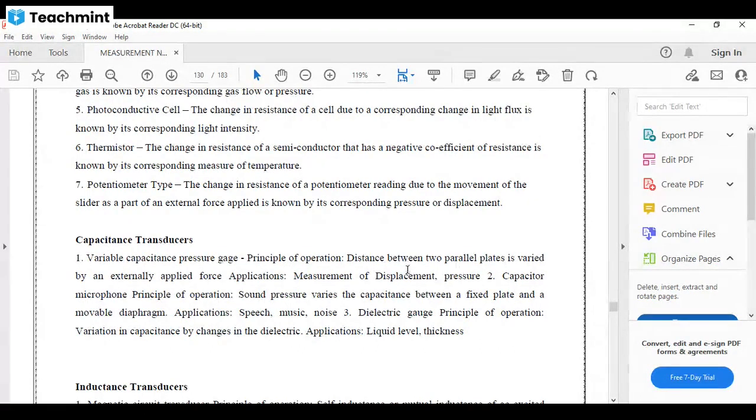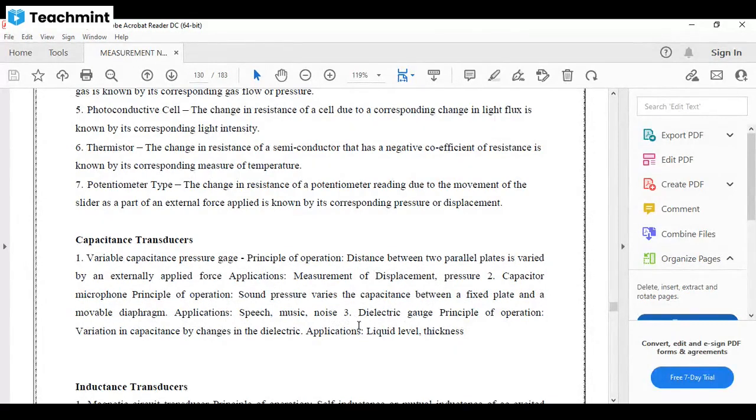Number two, the capacitor microphone. The principle of operation is that sound pressure changes the capacitance between a fixed plate and the movable diaphragm, and the application is speech, music and noise. And the last one is the dielectric gauge.